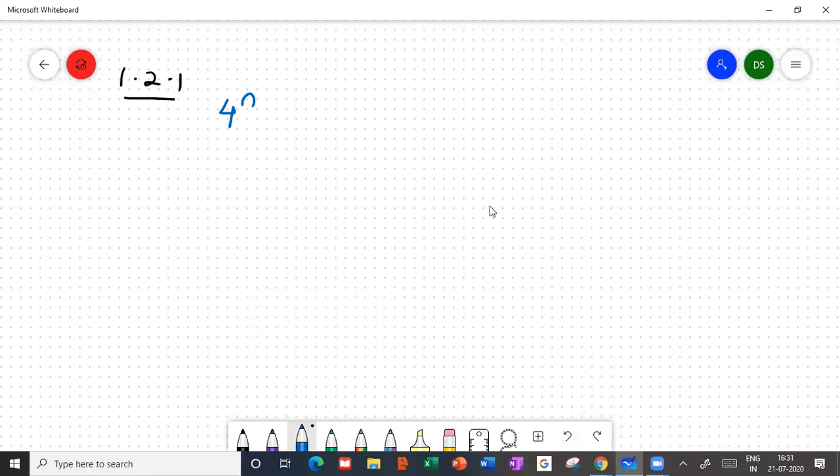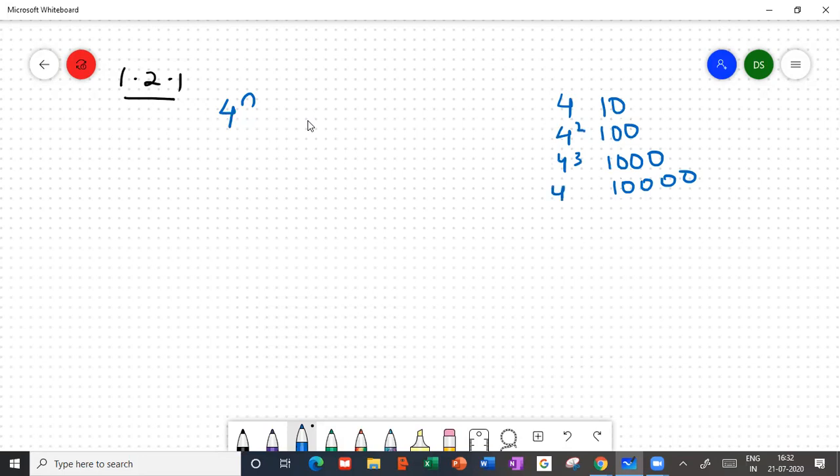Basically 10 or multiples of 10, right? If you look closely, 4 to the power anything, that would be nothing but 4, or 4 square, 4 cube, 4 to the power 4.